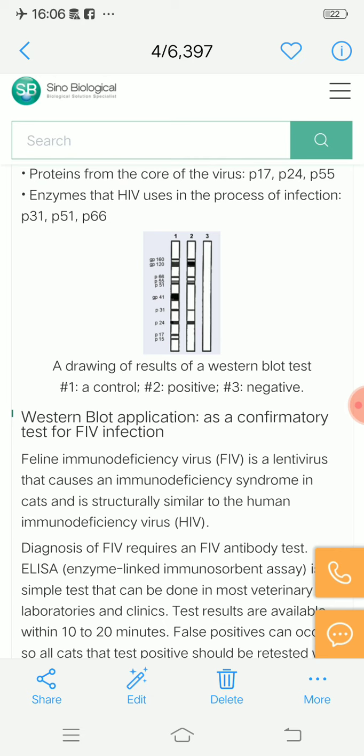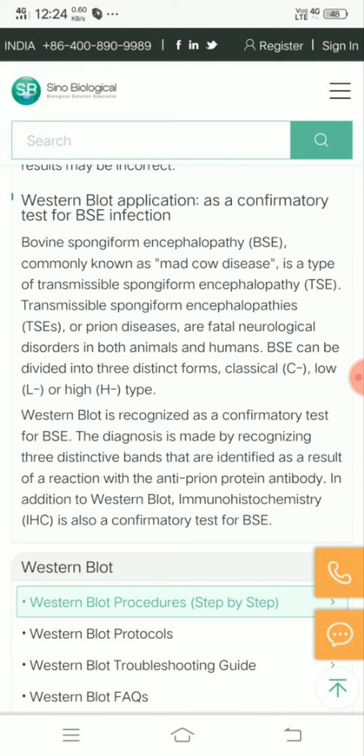Suppose there is a third patient whose blood and serum is taken and applied to this Western blot, but in his serum there is no anti-HIV antibody, meaning he is not suffering from HIV. So his test is negative. These are some important things given over here.